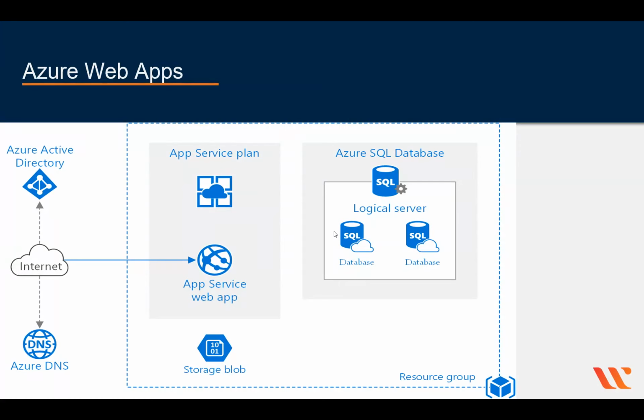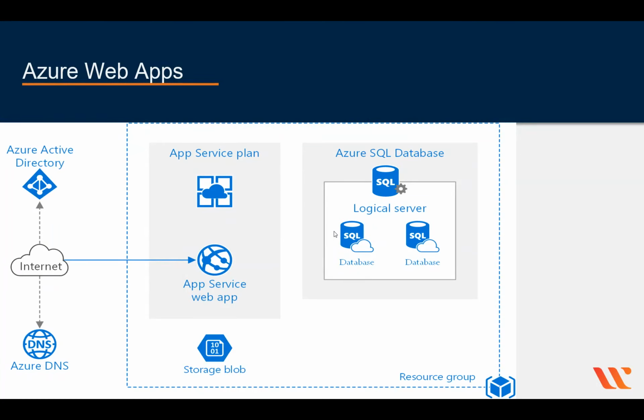Your static content, your JPEGs, pictures, HTML, videos, is all going into the blob storage. Whereas the front end, the HTML, CSS, Java processing, is all stored inside the app service plan, which is like a compute requirement for your app service.